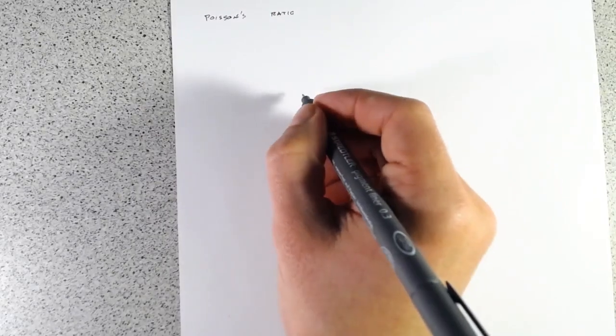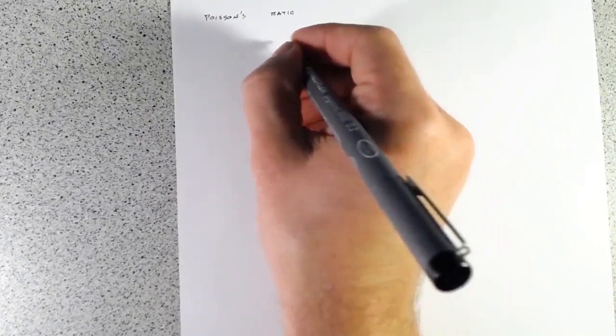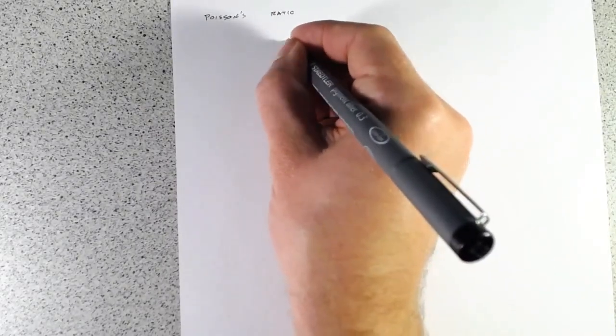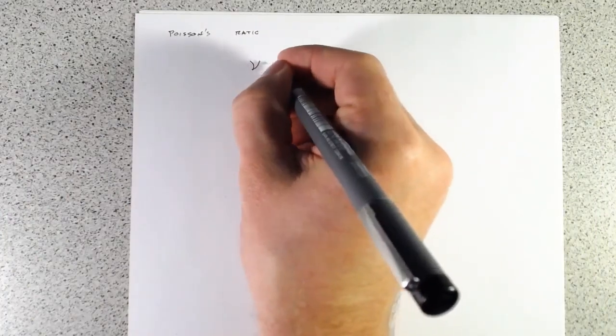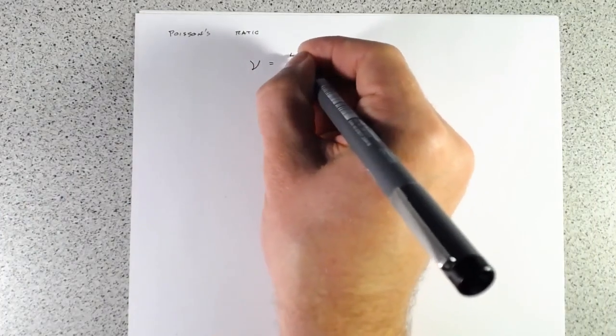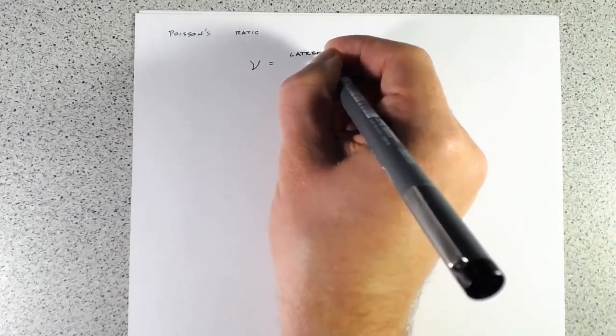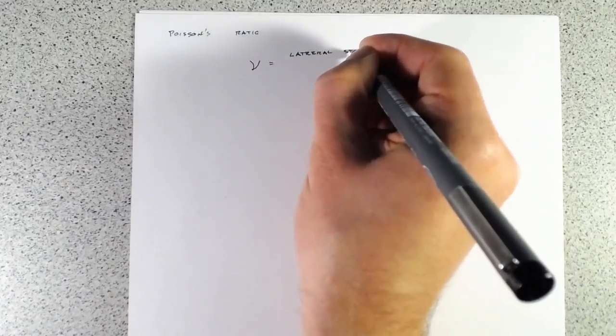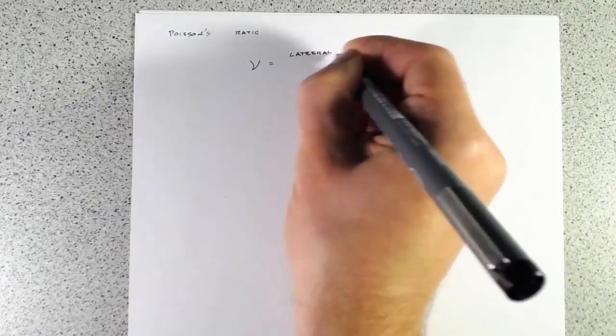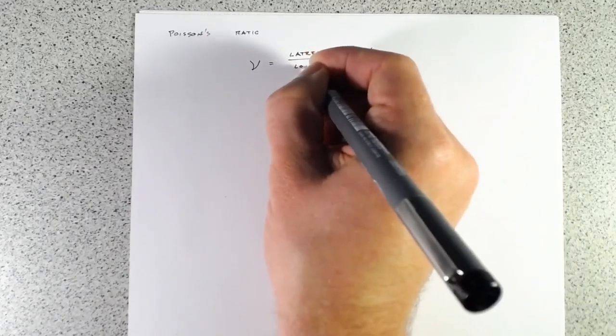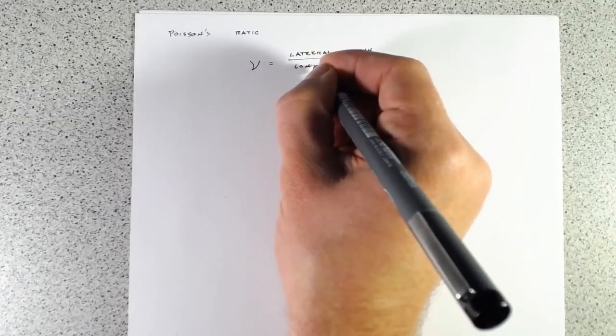Poisson's ratio is just, we call it, this Greek letter, I think this is nu, and that's just the lateral strain divided by the longitudinal strain.